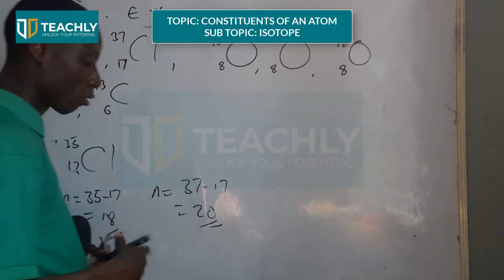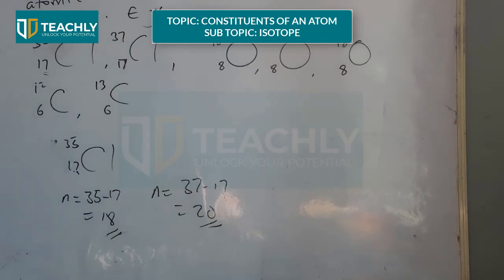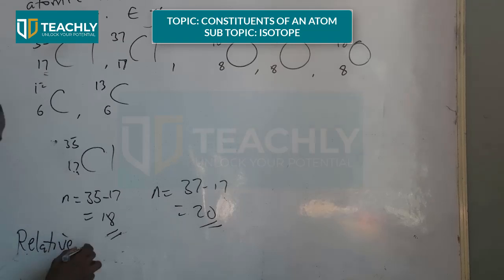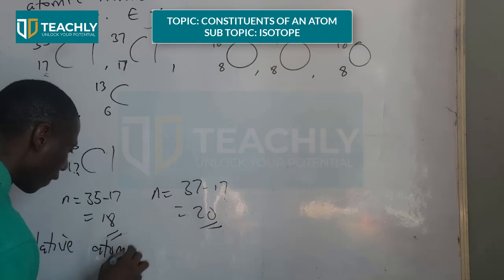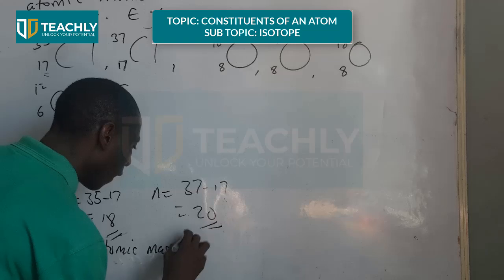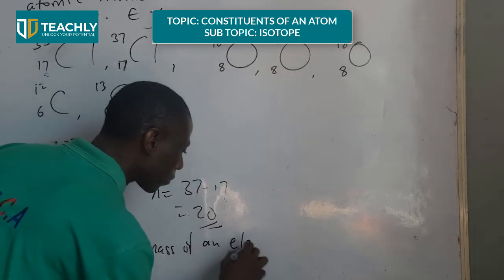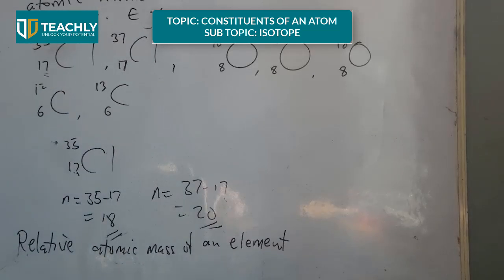And this will now make us look at how we can get relative atomic mass of an element. Because there are some elements that have different varying mass numbers, we can get their average.